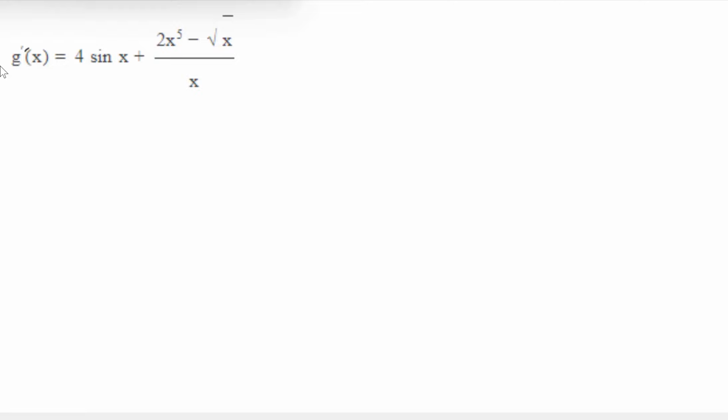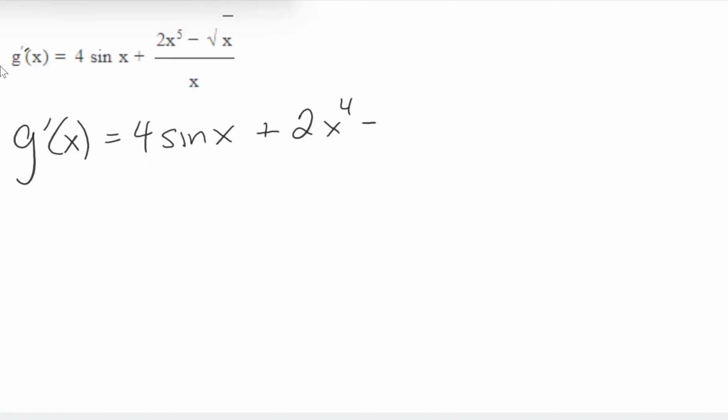So the first thing you're going to want to do for this is rewrite it so that it's just all addition and subtraction, so we don't have that division in there. I will tell you that was the biggest mistake people made on their test, was algebra. So I have 2x to the fourth minus x to the negative 1/2.